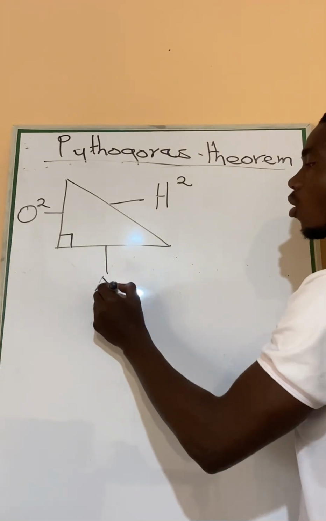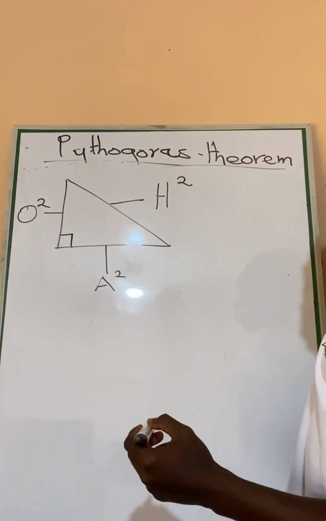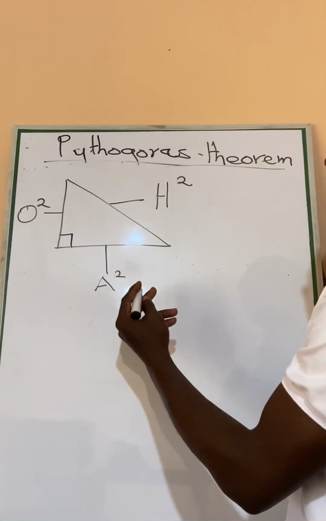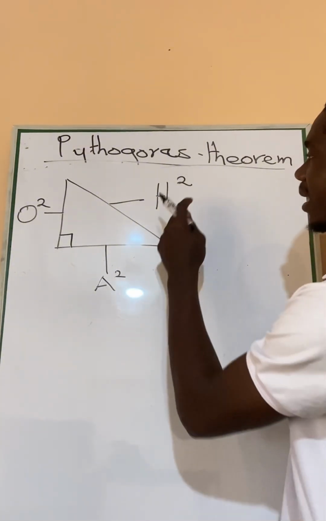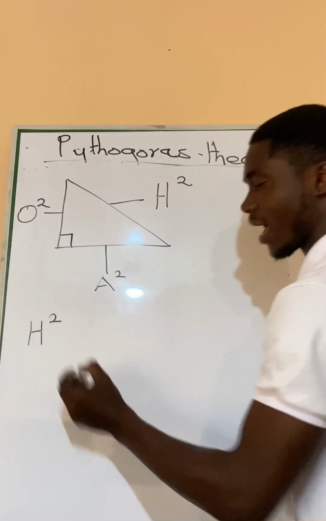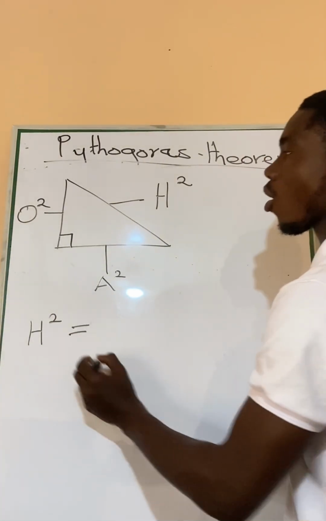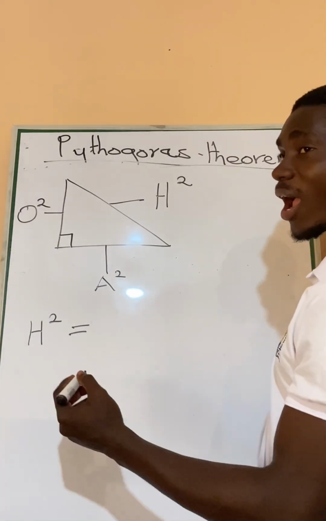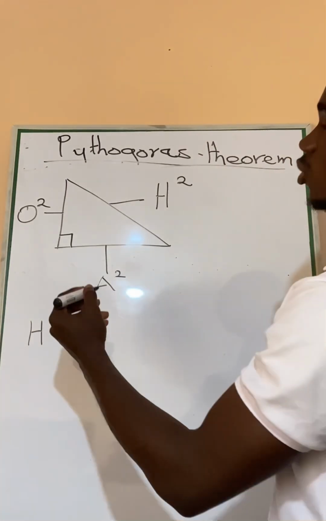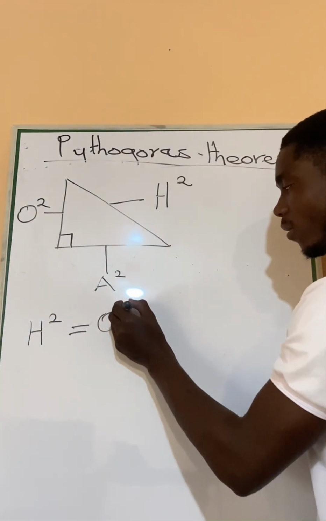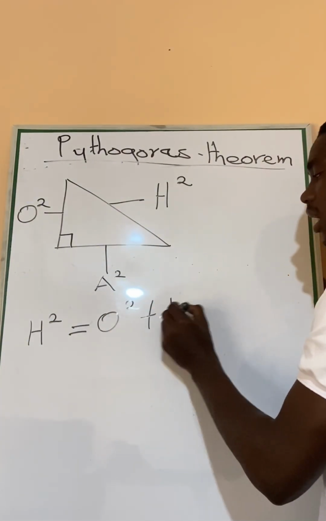If you are writing this, you would write it as the square of the hypotenuse is equal to the sum of the square of the other two sides.